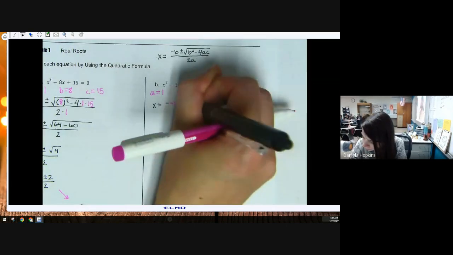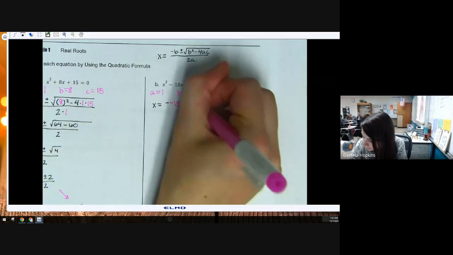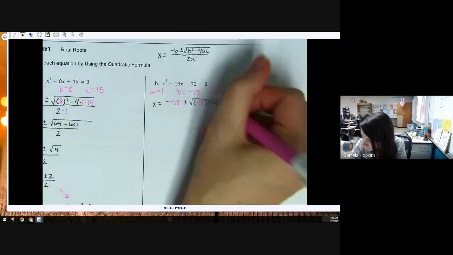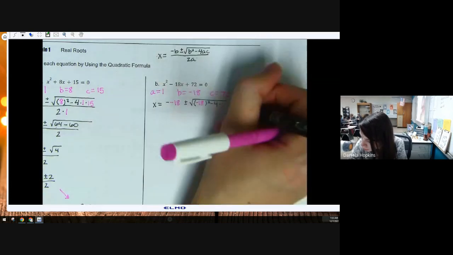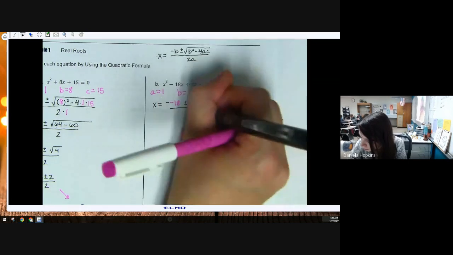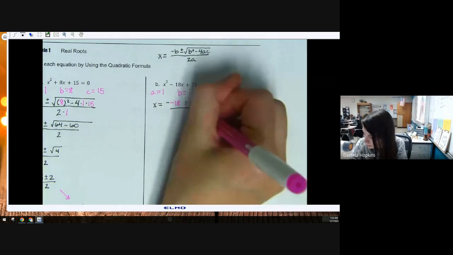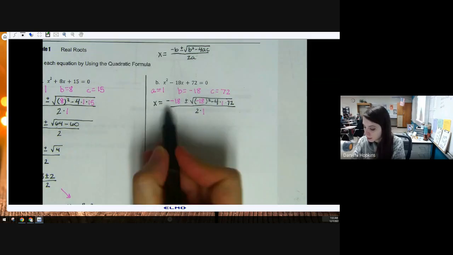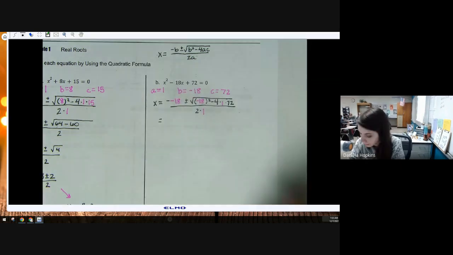Plus or minus the square root of, and then it's important that I put the -18 here in parentheses, minus 4 times my A, which is 1, times my C, which is 72, all over 2 times my A, which is 1. Right there, 1 point on a quiz, just to have it plugged in correctly. So a negative makes what? Positive.